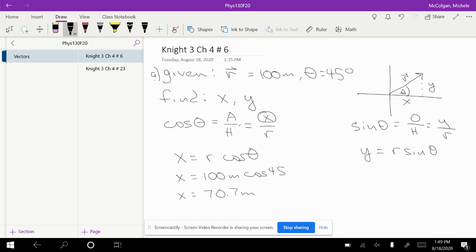And I expect this to be the same, because my theta is 45 degrees. I know sine theta and cosine theta of 45 degrees are the same, so I expect the same answer, but we'll just check: 100 meters times sine of 45. And when I plug that in, I get y is equal to 70.7 meters.